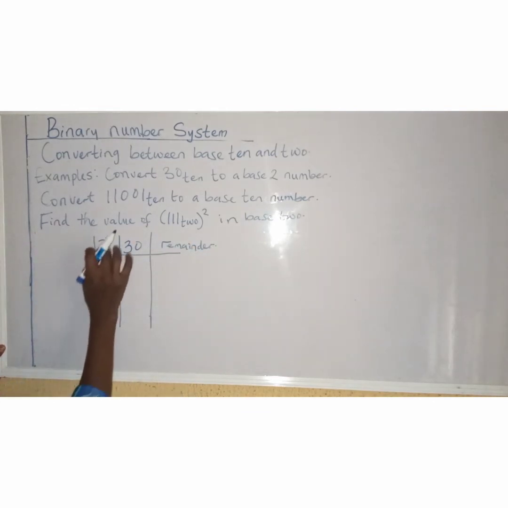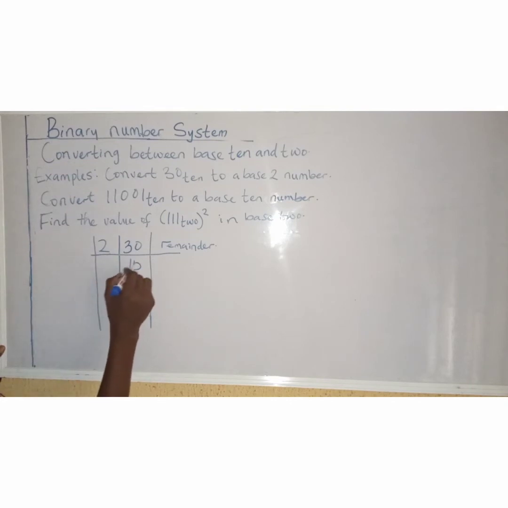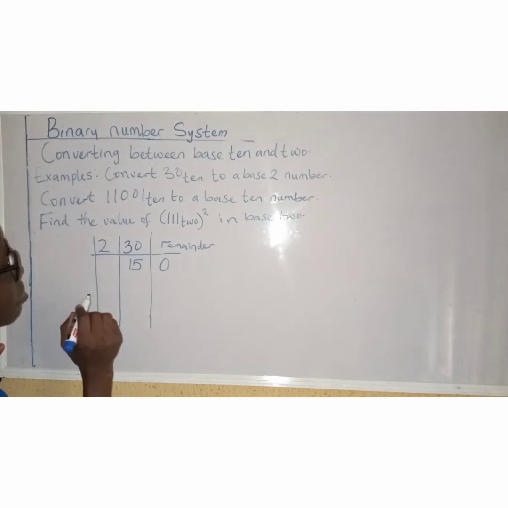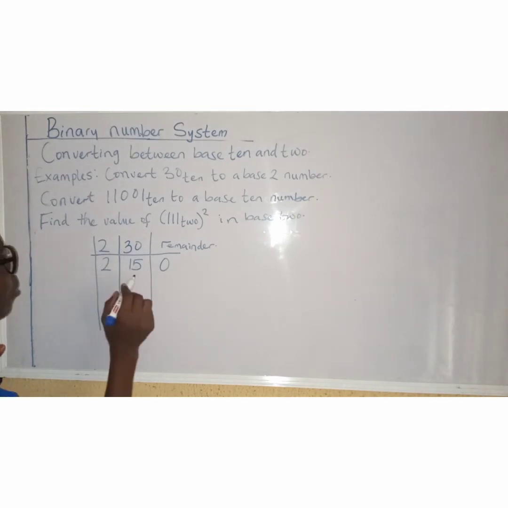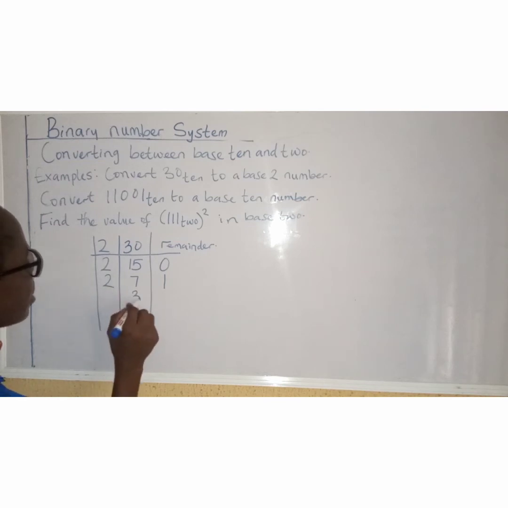So you say 30 divided by 2 is what? 15. Remainder what? Nothing. Then you come here again. 15 divided by 2 is 7. Remainder what? 1. You come here again. 7 divided by 2 is 3. Remainder what? 1.